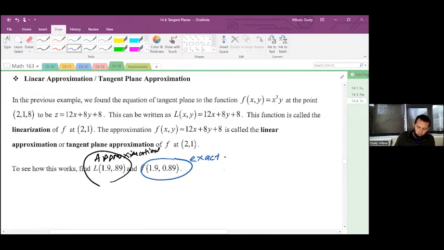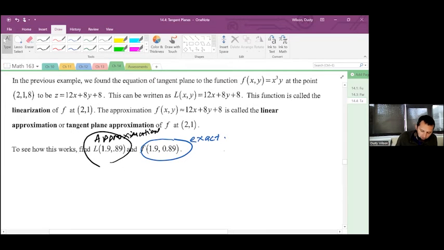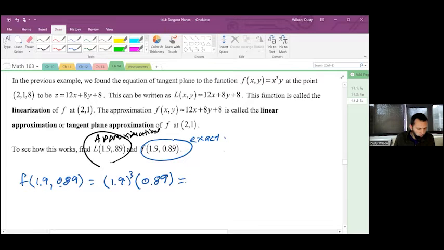Maybe let's start with the exact value. So if we want to find f of 1.9, 0.89, this would be 1.9 cubed times 0.89, which we can find Texas style.